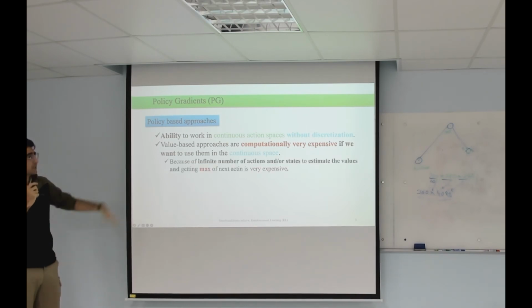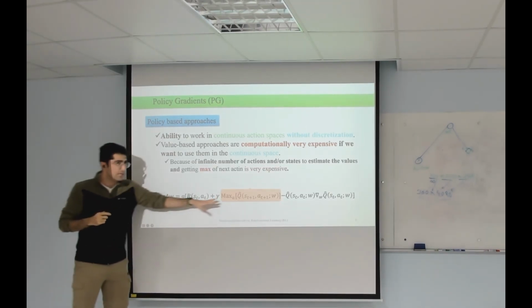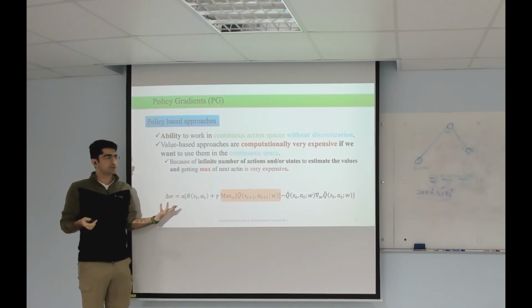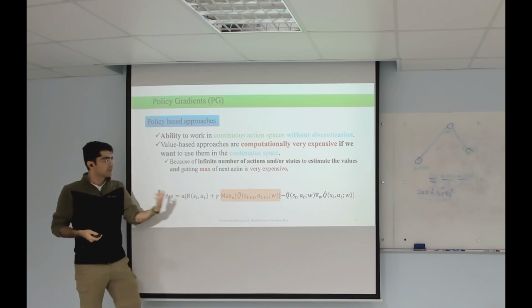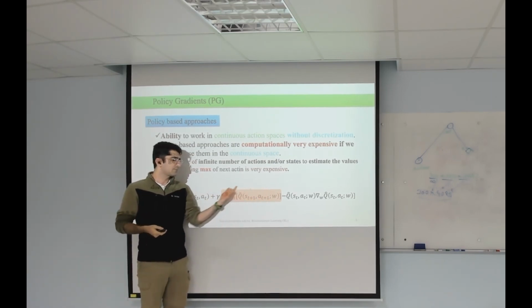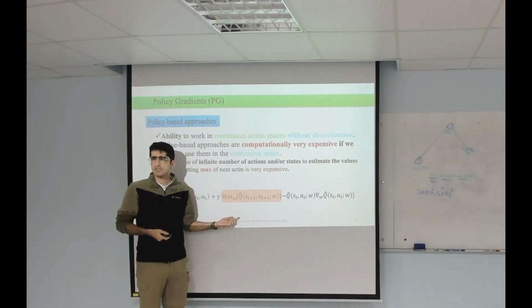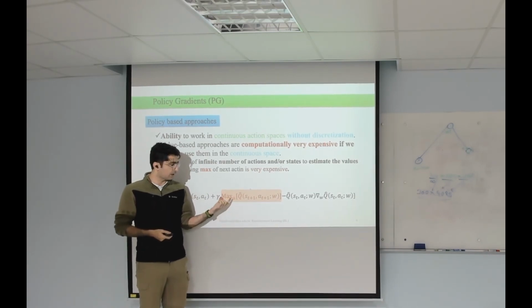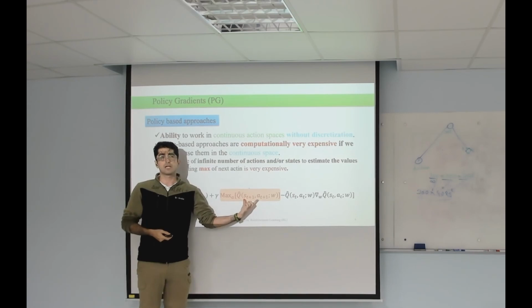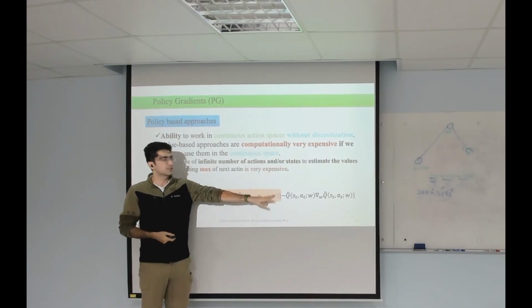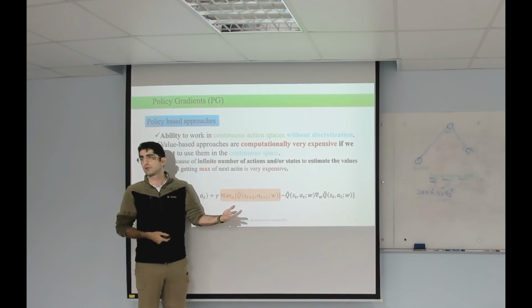Why? Because of the equation that we calculated. If you look at the previous equation that we learned for Q-learning, we had a part where we were getting the max of the next action. Getting the max of the next action means that I need to know every individual possible next action, then get the maximum, although it's coming from a neural network.